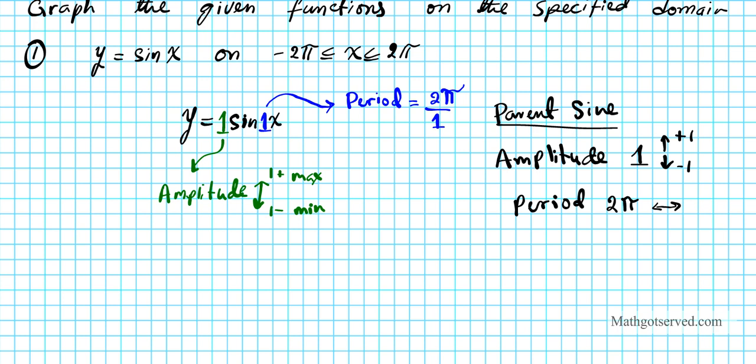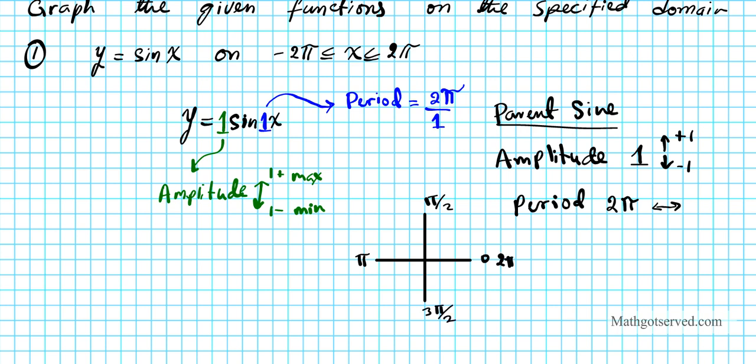So if you think about your coordinate system when you're graphing your sine function, let's draw a coordinate system. So here goes your coordinate system. How many radians completes a full cycle? You have 0, pi over 2, pi, 3 pi over 2, and then 2 pi.